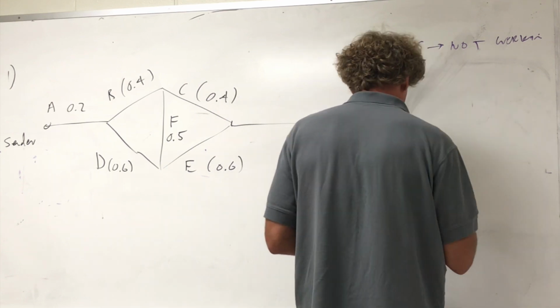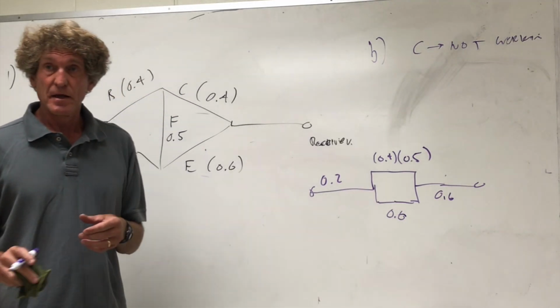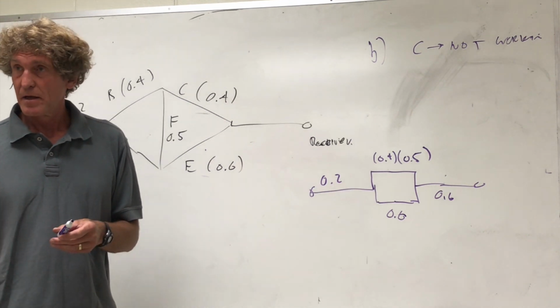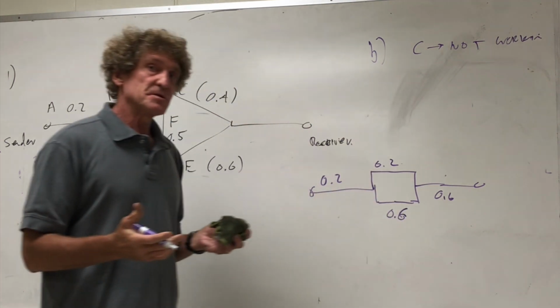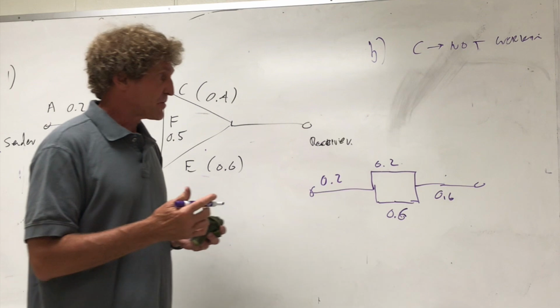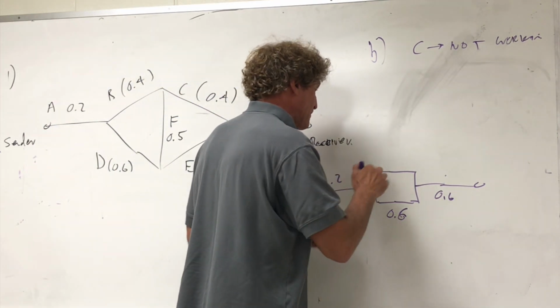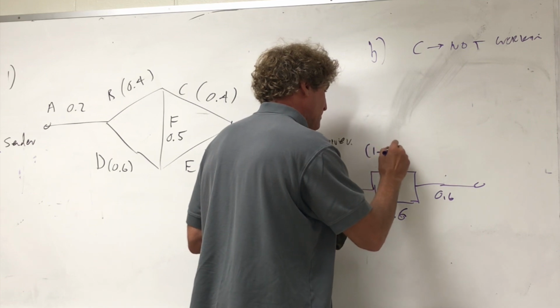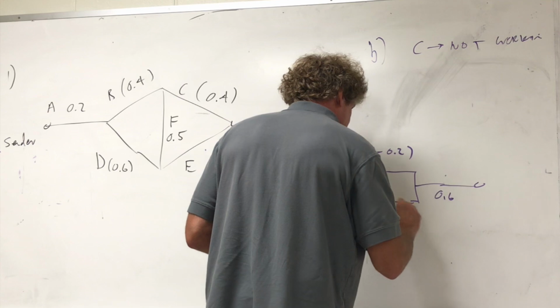And then there's going to be a 0.6 here. Now, this is just 0.2, right? So now I'm going to do the same thing I did before, only with different numbers. Same identical format. So the probability of the top one not working, and I'll leave it in this form, would be 1 minus 0.2. Of the bottom one not working is 1 minus 0.6.